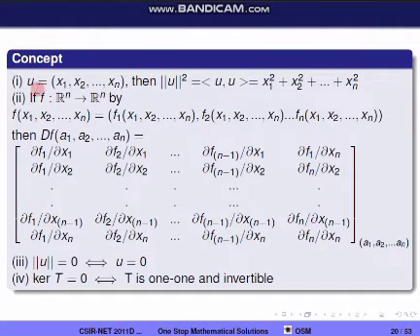If u is equal to the n-tuple x1, x2, etc. up to xn, then norm u square is equal to the inner product u comma u, which is x1 square plus x2 square plus etc. up to xn square.